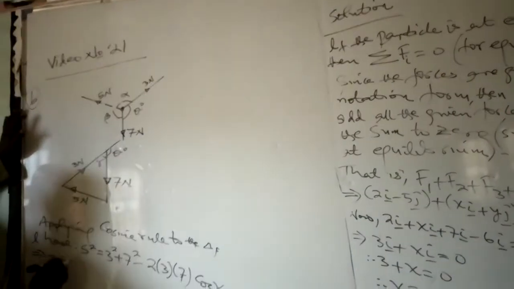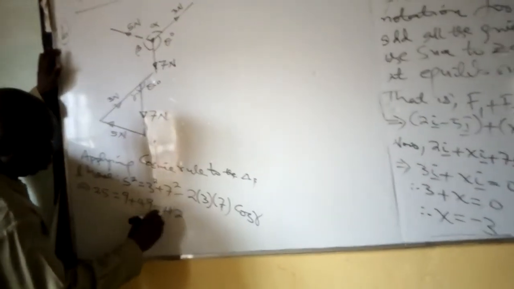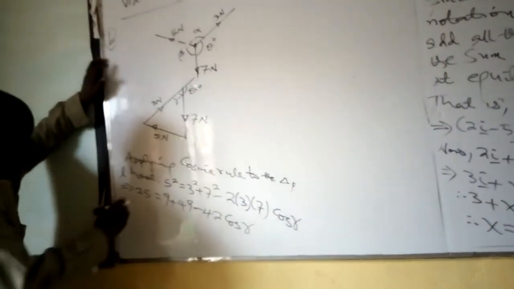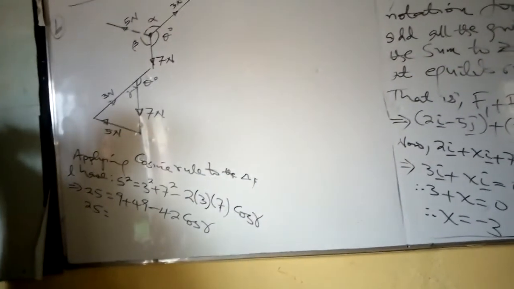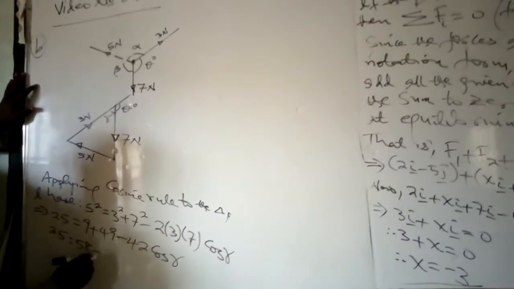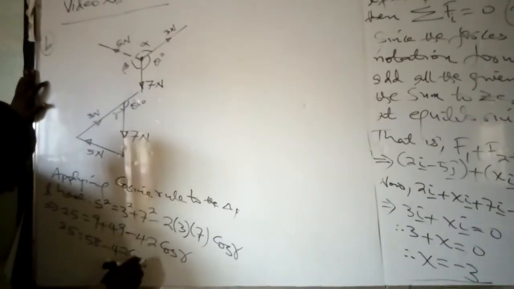So this means that 25 is equal to 9 plus 49 minus 21 times 2, that is 42 cos lambda. 25 is equal to 58 minus 42 cos lambda.